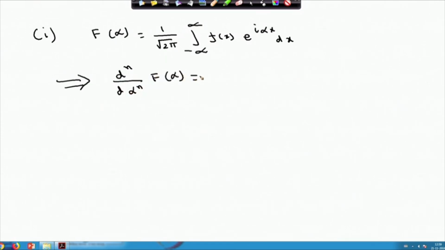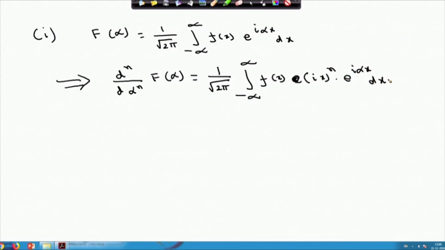this equals 1 by root 2 pi, integral from minus infinity to infinity of f(x) into, not e power, since each time you are making the derivative, at the nth time I am writing it directly, it will be (ix) whole to the power n into e to the power i alpha x dx.